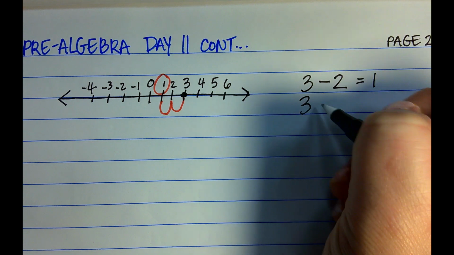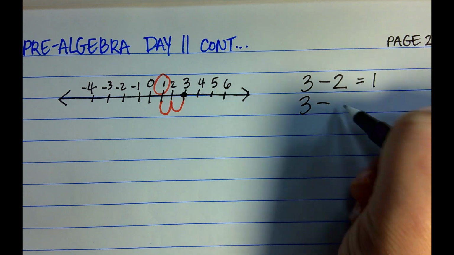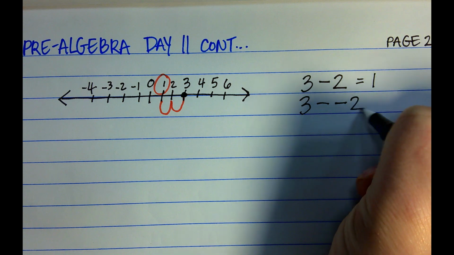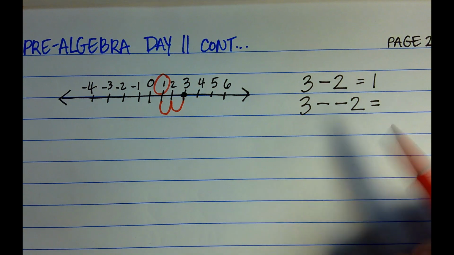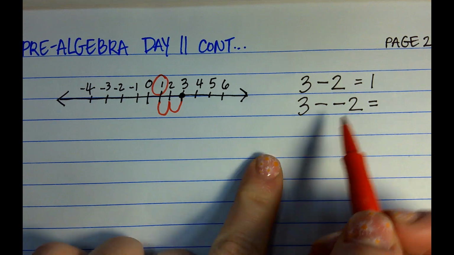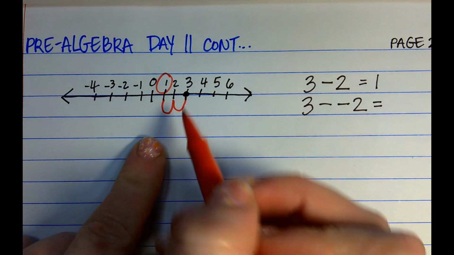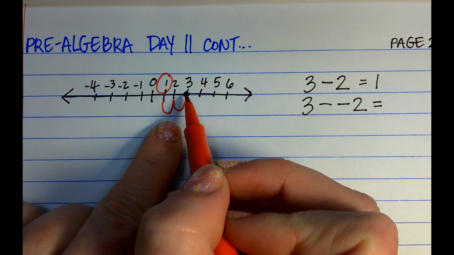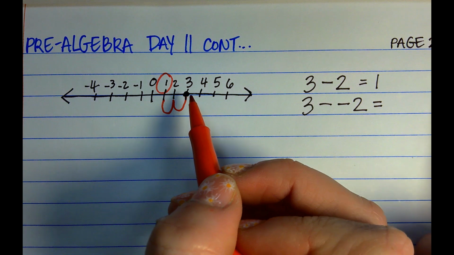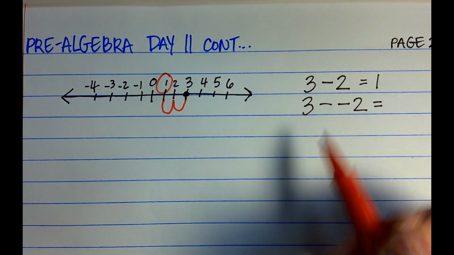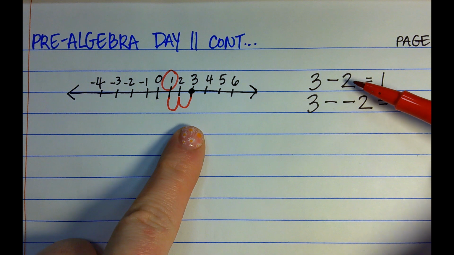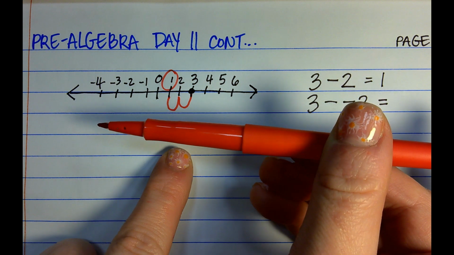If I do 3 minus negative 2, what's happening here is I'm starting with 3, but then I am taking away a negative 2. Whenever I take away positive 2, I go to the left.